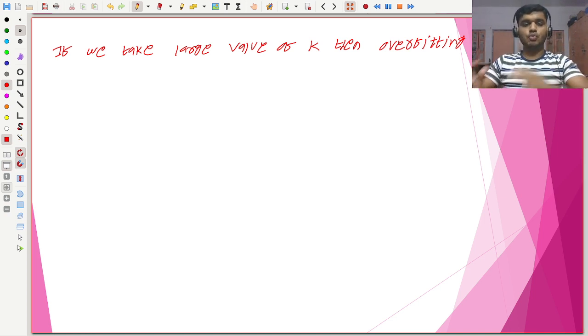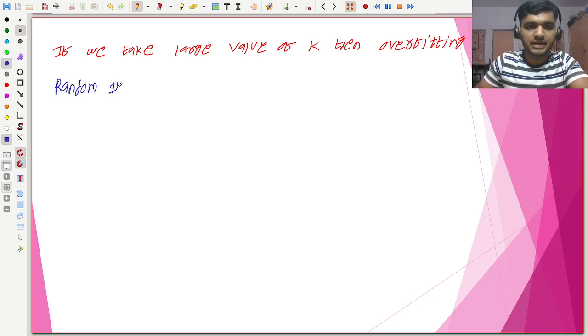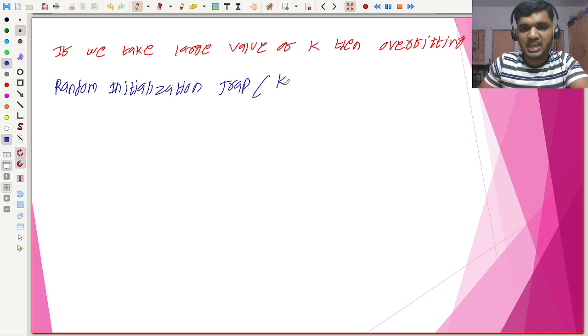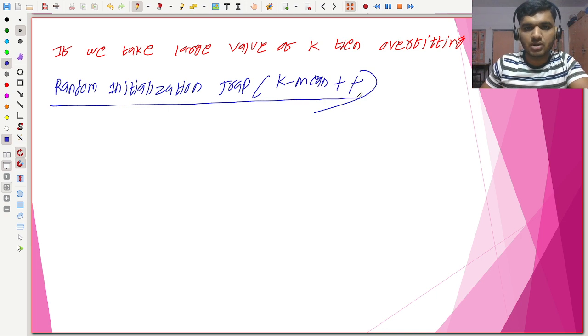So for this, instead of random initialization, which can fall into the random initialization trap, we use k-means++. It is an advantage over plain k-means.